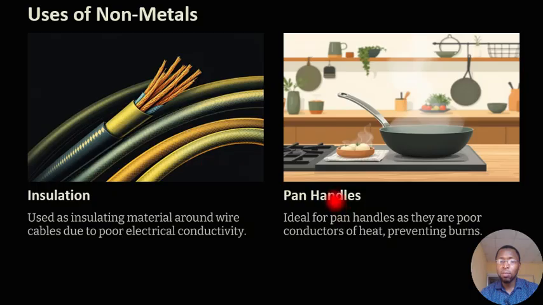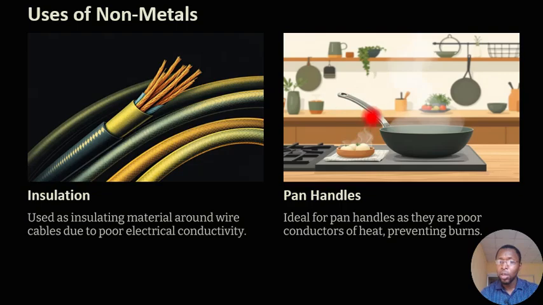And then we use non-metal in making the handles of frying pans. When you are using a frying pan and the handle is not made up of an insulator or non-metal, you can easily hurt yourself because the heat will have transferred to the handle.